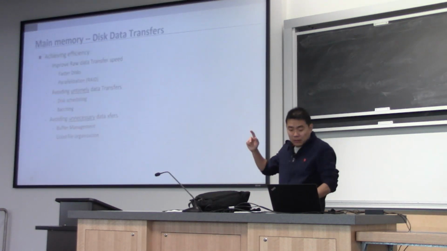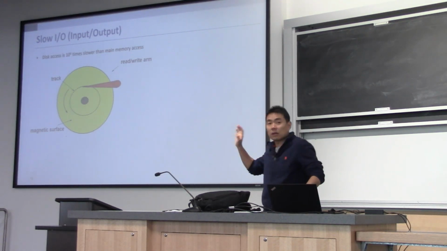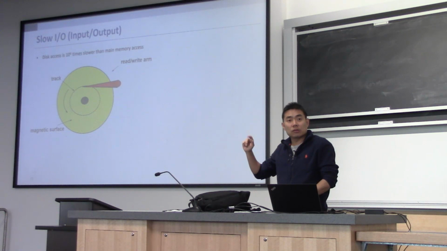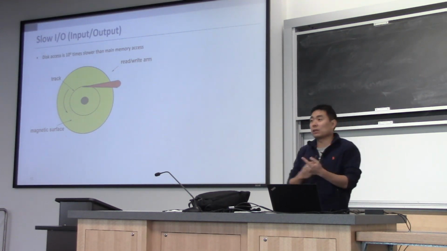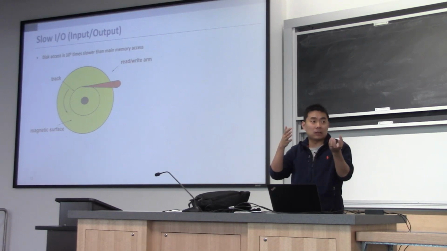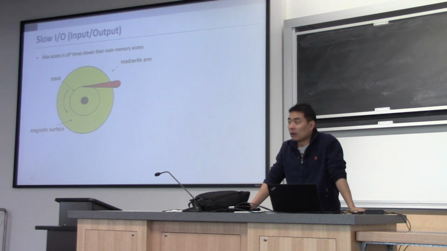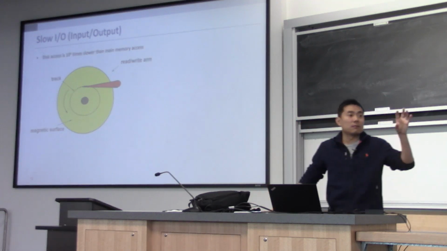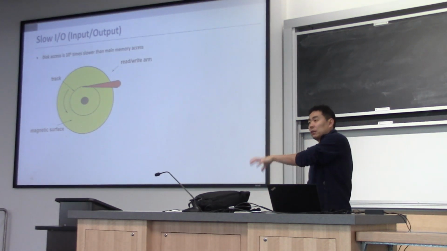Last lecture I talked about how a hard drive works, and explained why reading data from disk is expensive, because you have to move the arm head and wait for that rotation to happen in order to read data from the disk surface. I also briefly talked about the difference between magnetic hard disk drives and solid state drives.